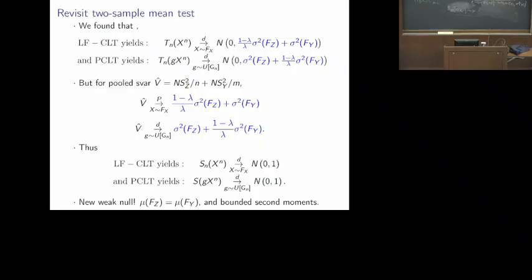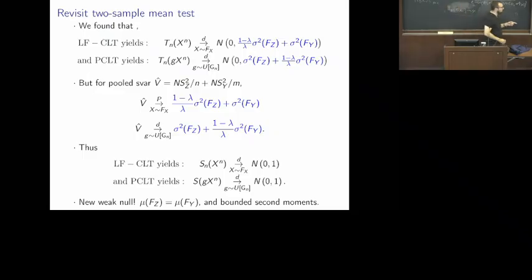Depending on whether you're in the PCLT regime or the Lindeberg failure CLT regime. So when I divide big T by V hat, this cancels with this in the frequentist limit, and this cancels with this in the PCLT limit. In both cases, I get a normal 0, 1 in the limit, and that way I'm enforcing that the two CLTs are going to be the same and that I'm going to be asymptotically valid.